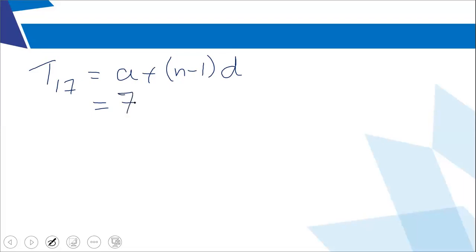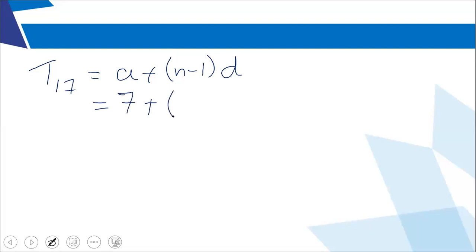So T17. What is the value of a? It is 7. So I put 7.